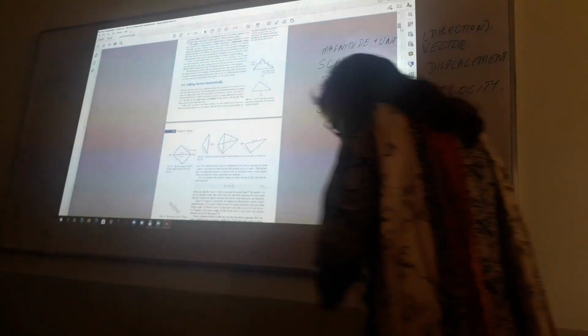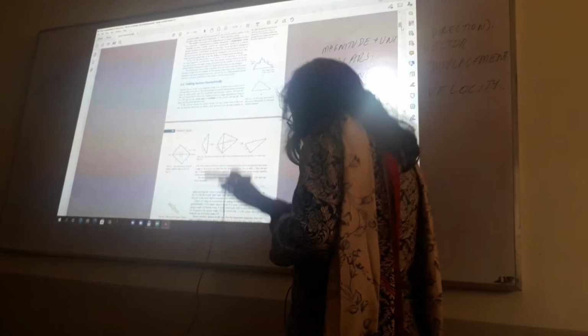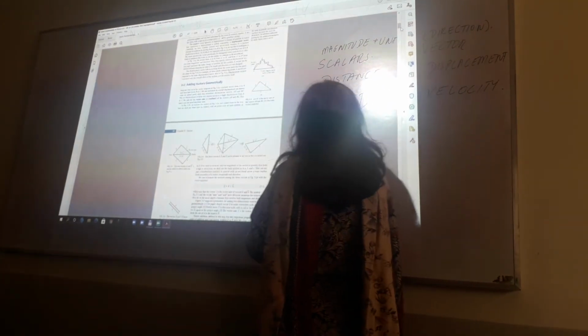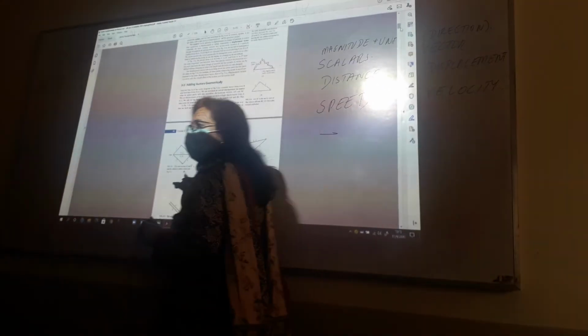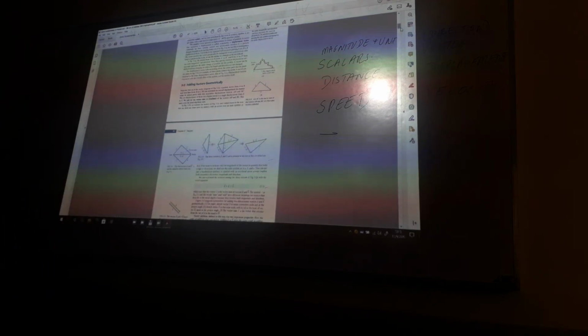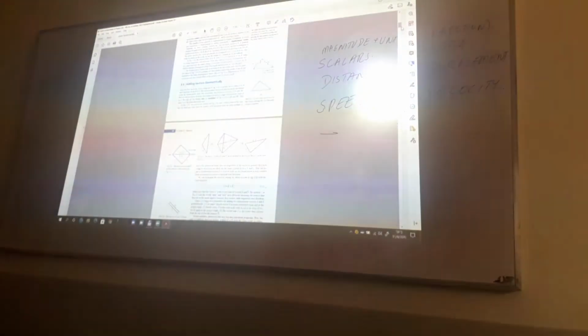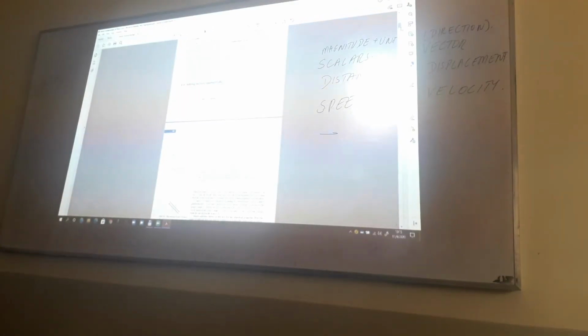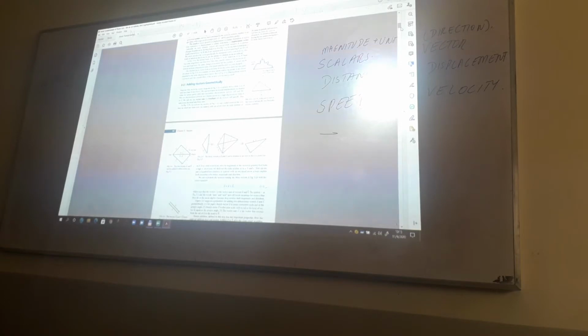Another thing is the representation of a vector. When we want to represent a vector we normally put an arrow on top of the vector. It differs in different books: in some books they use a bold font to represent a vector and in some books an arrow. When you are writing it yourself, it's better to use an arrow to be careful.